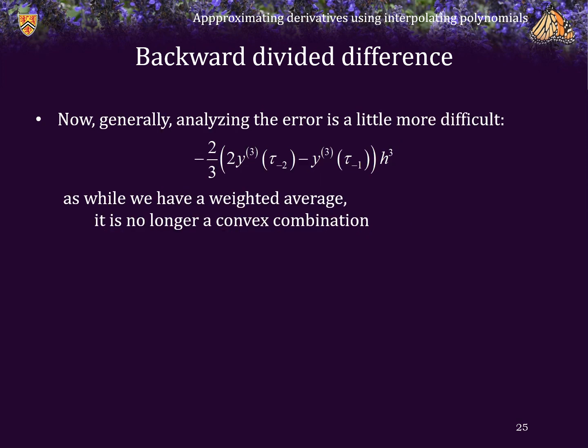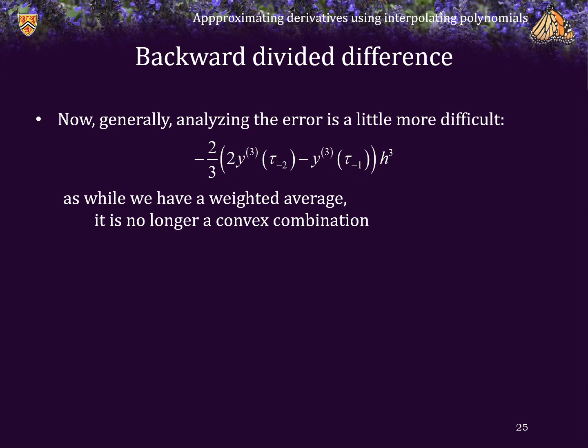So analyzing this error term is actually rather ugly because it's a weighted average, but it's not a convex combination. Consequently, we cannot use the intermediate value theorem, which is really unfortunate.